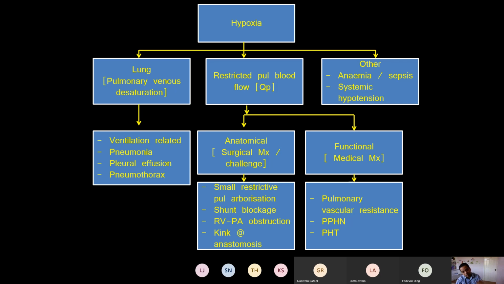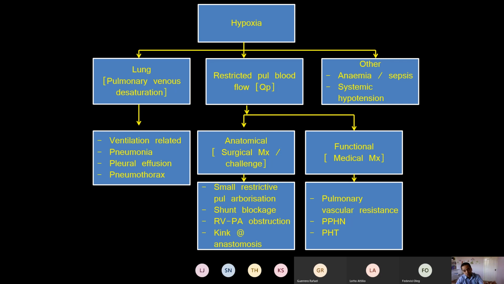So for pulmonary venous desaturation, work on that first and make sure you've got it absolutely right. So an appropriate size tube in a good position, ventilation is appropriate, there's no pneumonia, no effusion, no hemothorax. Get those things sorted, starting with the breathing tube, the ET tube in a good position, then lung parenchymal causes, pleural causes, and ventilation causes. I would just put down ventilation, even if correct, as a cause of pulmonary venous desaturation.